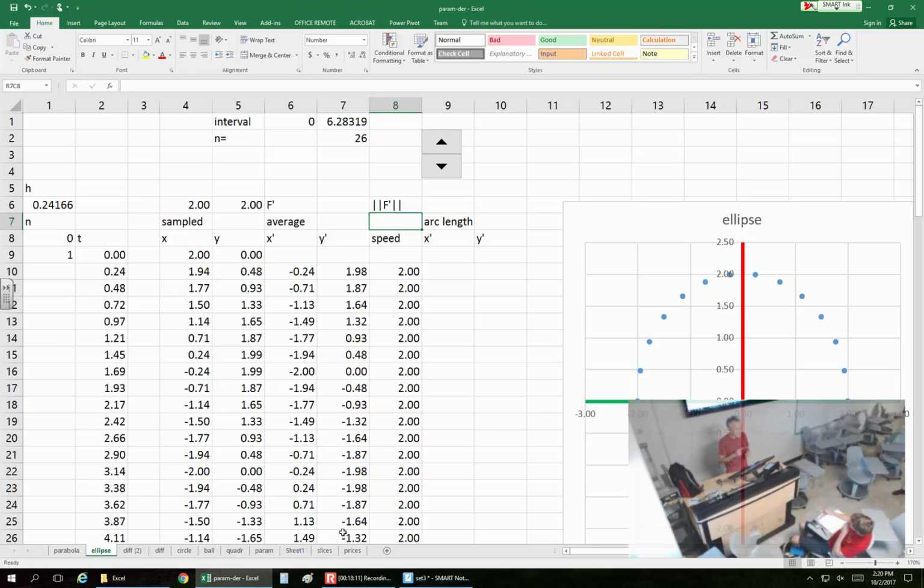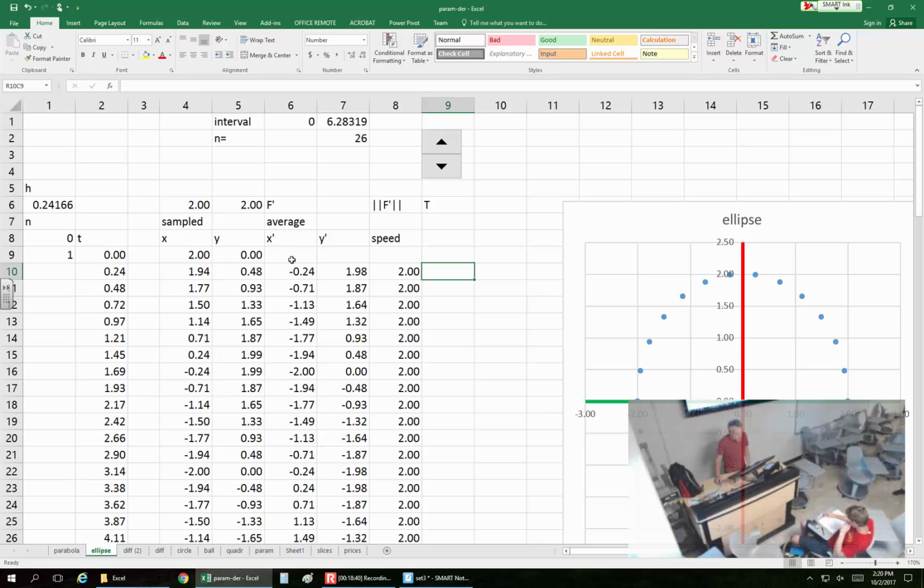Now we need to find the unit tangent vector. Okay, so that's it. Unit tangent vector, I'll put this is going to be T. It will be based on f prime, remember, and so it will be x and y here.